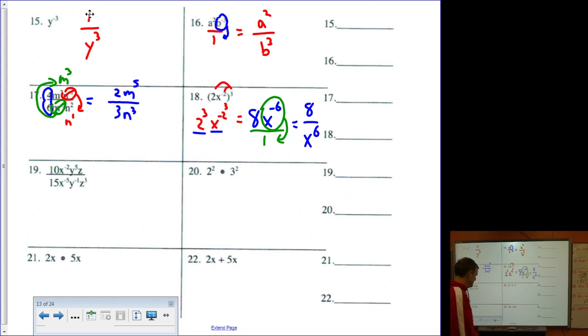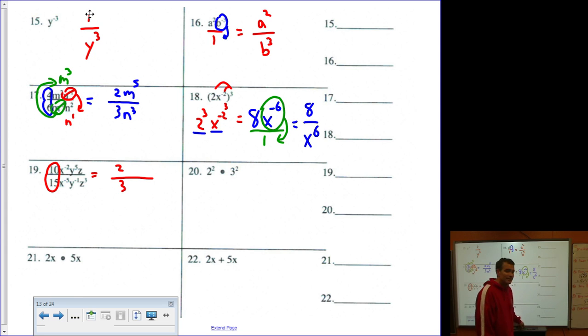Number 19. Ooh, another fraction. It looks ugly. So I'd start by taking the 10 over 15 and reducing that. And now, let's start with the x's. The 5 that are on the bottom need to go to the top. The 2 that are on top need to go to the bottom.